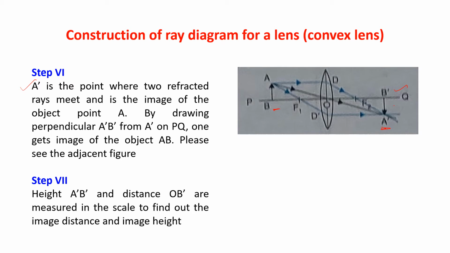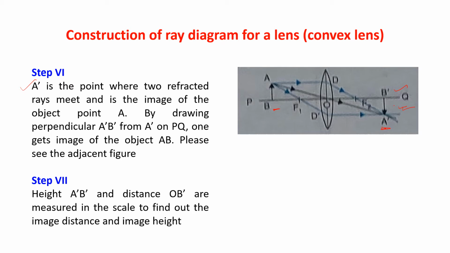But here you are getting an inverted image. AB is the erect object and we are getting the inverted image of the object AB. Am I clear?